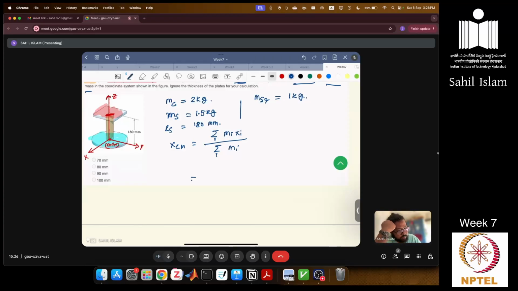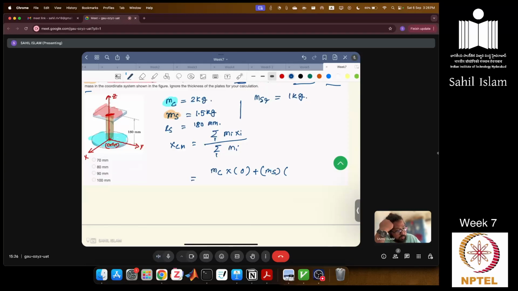So first the mass of the circular disc: mc times its location, which is 0, plus then comes the mass of the shaft, ms, and its location.